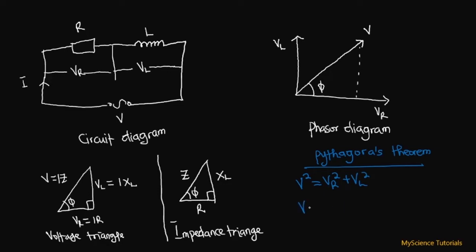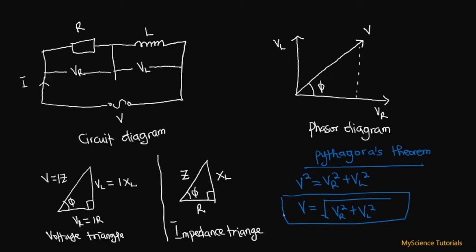If we make V the subject, we are going to have V equals the square root of VR squared plus VL squared. And now this is what we are calling the phasor sum, the phasor sum of the resistive voltage and the inductive voltage to get the applied voltage.